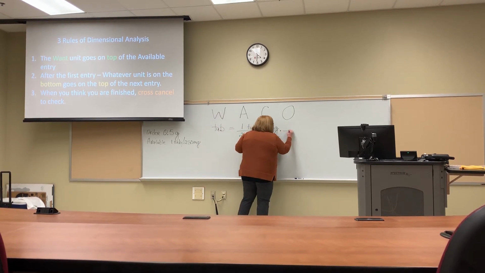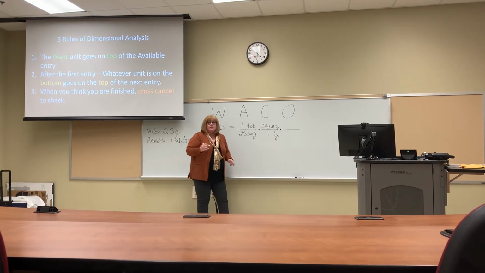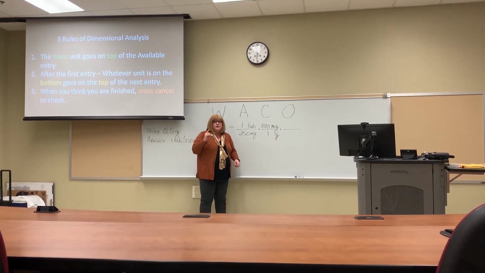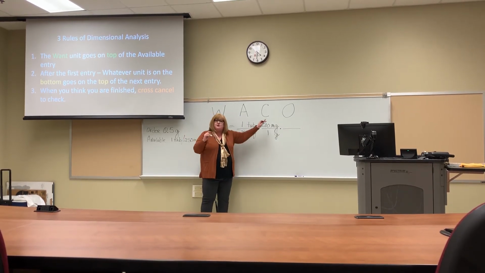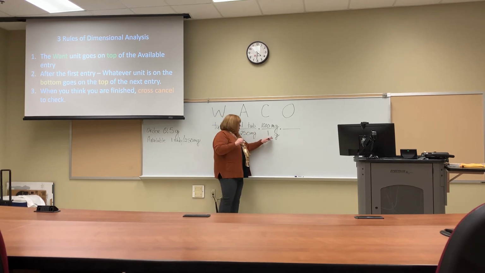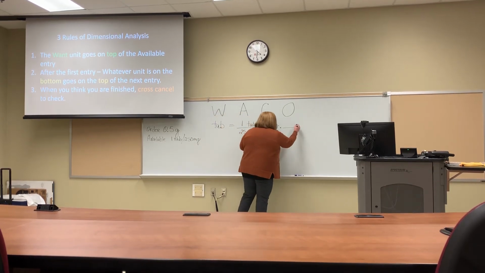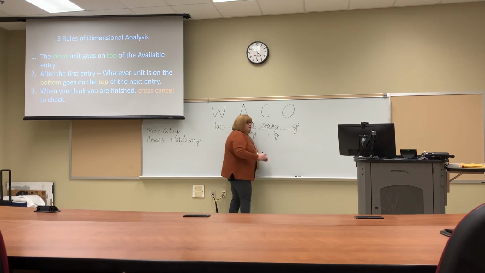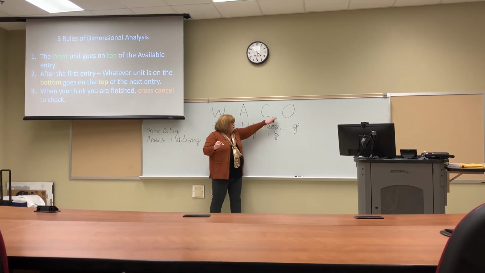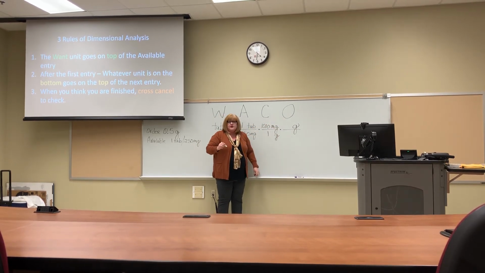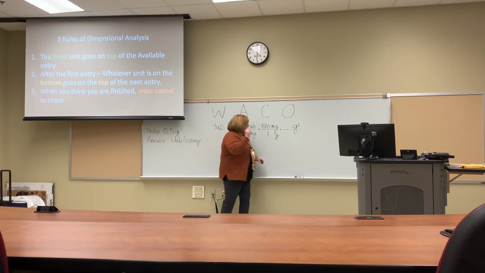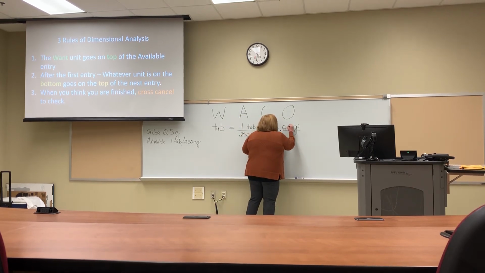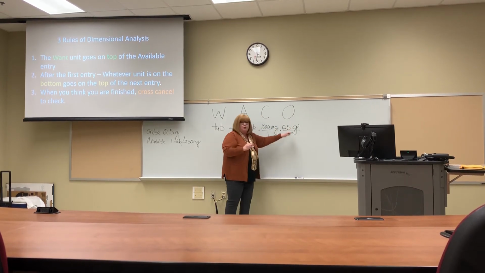And then each time, we're going to follow that second rule of dimensional analysis every time we make an entry. So what we're going to do is we've got grams here, we're going to put grams up here. We're looking for the order, so what does that look like? Right? 0.5 grams is our order.